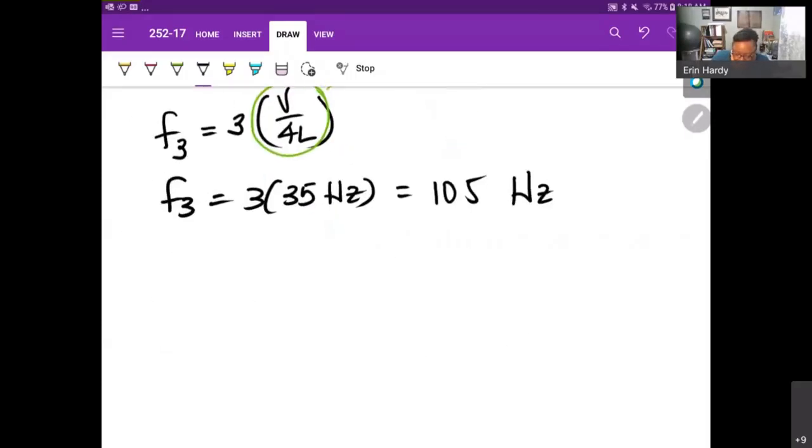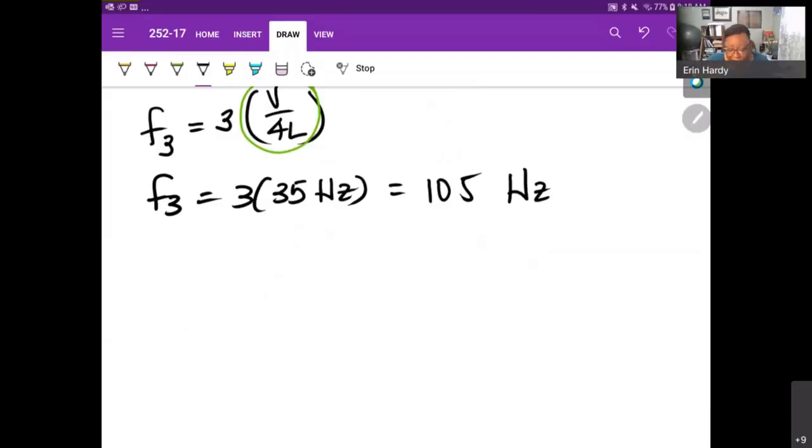And just to finish this one out the same way that we did with our open tube, we can figure out which m values we were given for the adjacent standing waves. So F1 we've determined is 35. F3 is the next allowed one, so that's 3 times 35, 105 hertz.